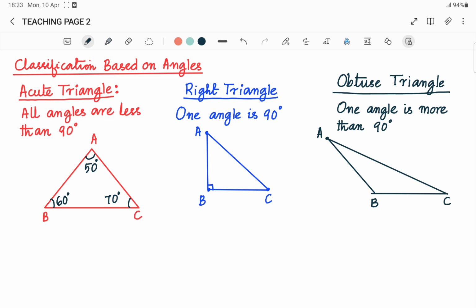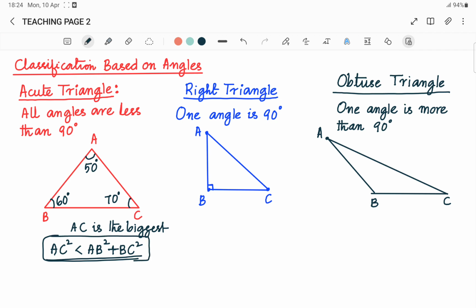Suppose AC is the biggest side, then if AC square is less than AB square plus BC square, we can say the triangle must be an acute triangle.